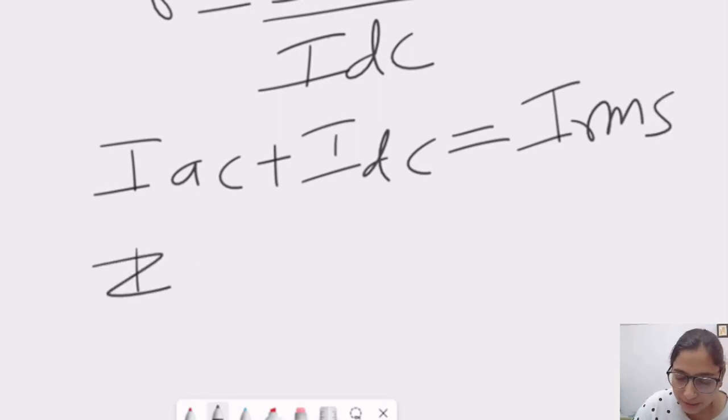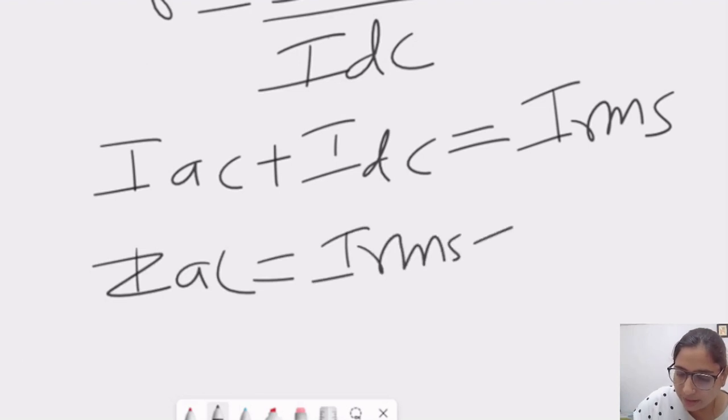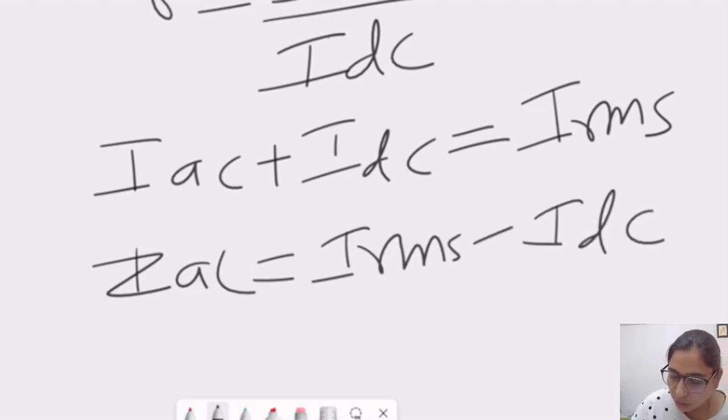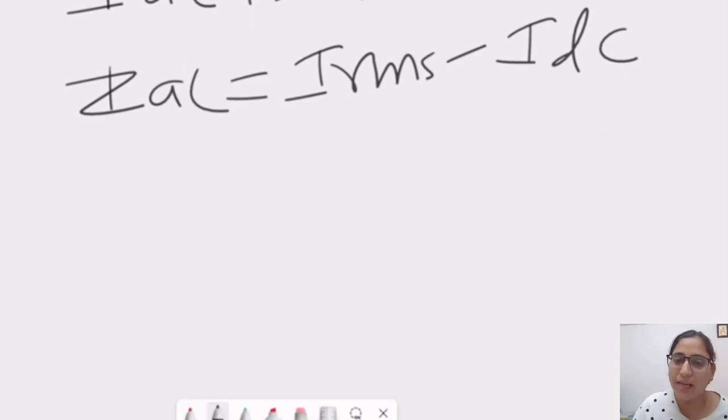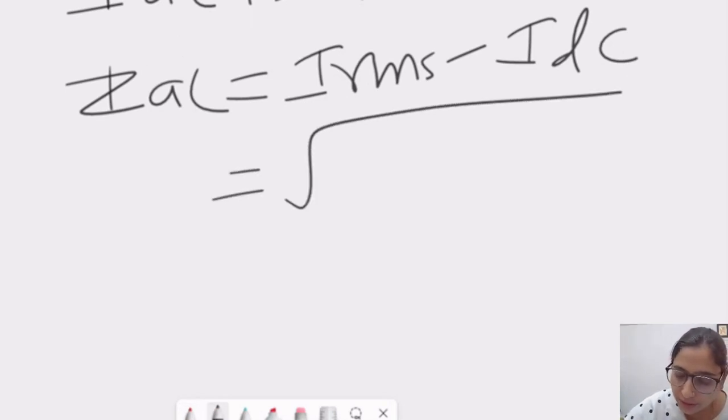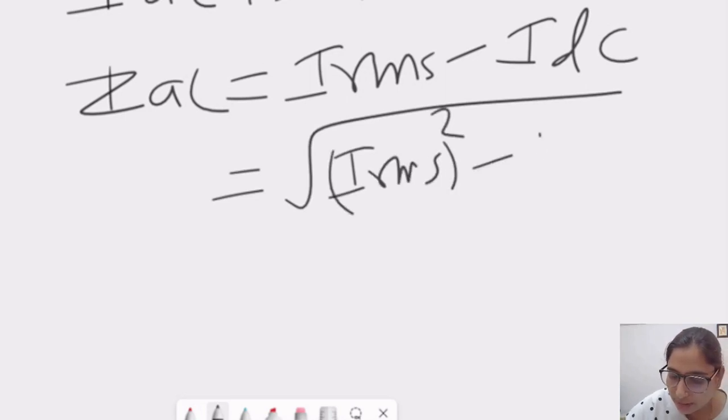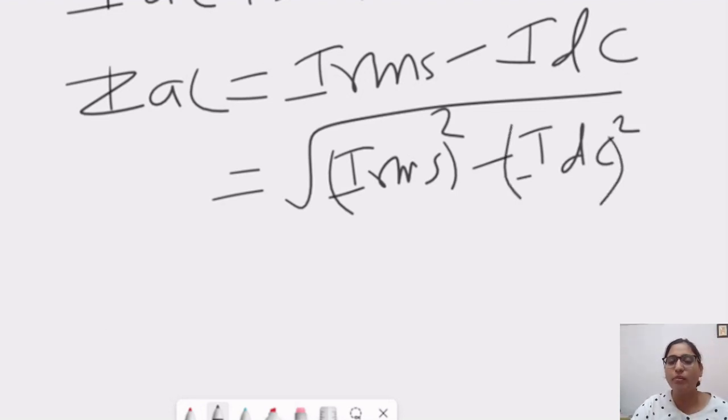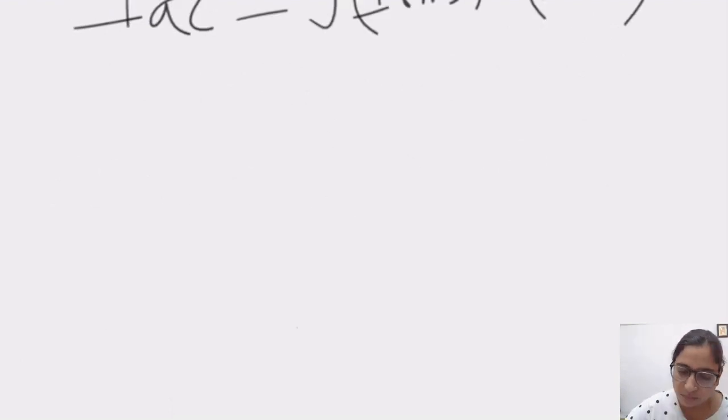From here we can see that IAC is nothing but IRMS minus IDC. IRMS is root mean square current, so we have to put an under root here for the final value, and if it is under root we have to put a square inside the under root. So this is IRMS square minus IDC square, which is the final value of IAC here.